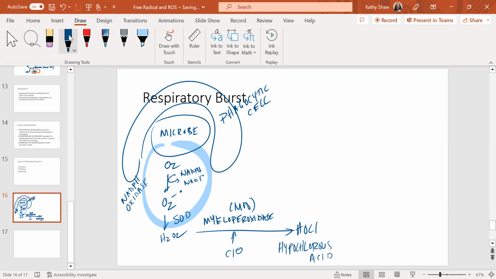That then is what actually kills the microbe. So very similar story, similar enzymes, some of the same enzymes, but that's what we call the respiratory burst, and that's how our reactive oxygen species play into phagocytosis. And we'll stop there and we'll pick up in another video with lipid peroxidation.